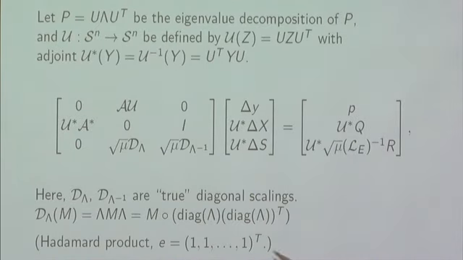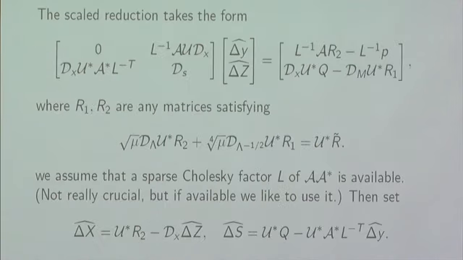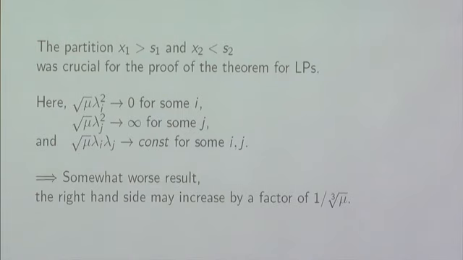So here we have lambda i times lambda j. These are the elements that are component-wise multiplied with m, and so when we look at these components, then some of the lambda j squared will go to 0, or lambda i squared, some of the lambda j go to infinity, and some of the mixed products will go to a constant value for some i and j.